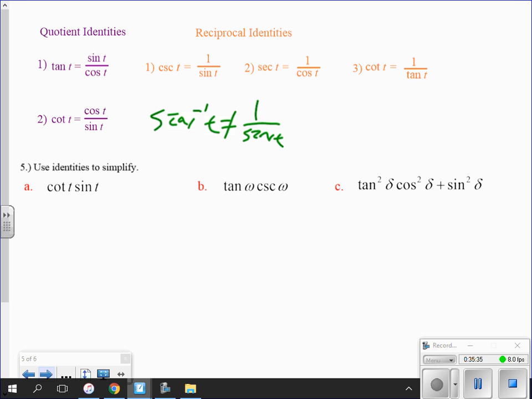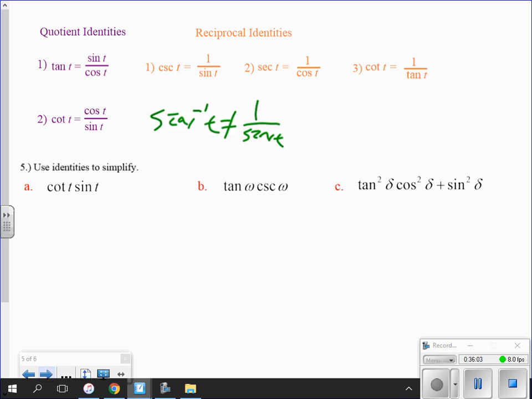Inverse trig functions, by decree, if nothing else, are the only time that something to the negative 1 power is not 1 over that, because what it is to the negative 1 power is the inverse of that function. And you did use inverse trig functions in Algebra 2 when you were given a sine value and you had to find the angle. You did that last year. I am reminding you of that. That is an important fact to remember.